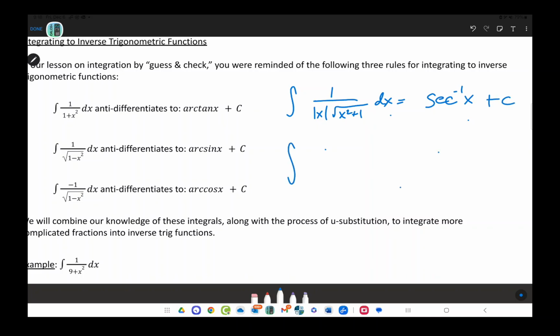The inverse of negative 1 over x squared plus 1. For the inverse trig functions, their co-functions are just negative.